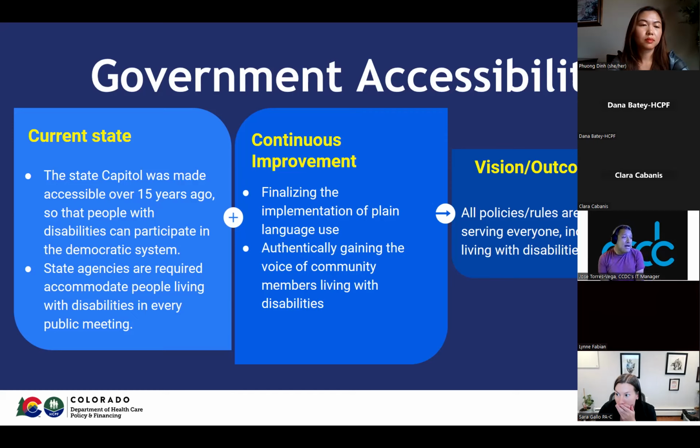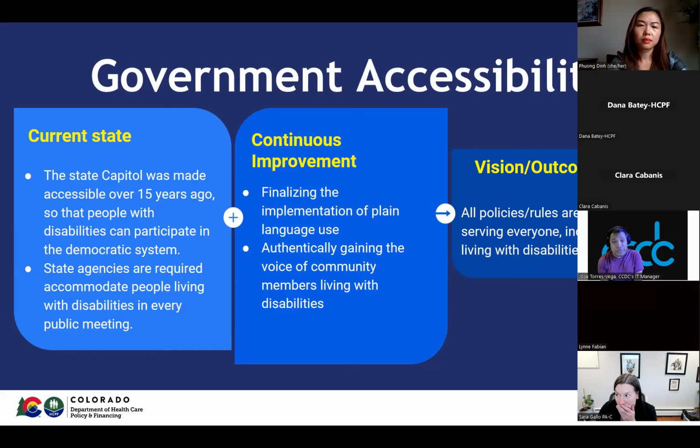So the current state, about 15 years ago, the Capitol was made accessible so that people with disabilities can participate in the democratic system. So now, for example, we all can access the Capitol. And if you have a disability, but you are a citizen lobbyist or representing an organization, you can access the floor.